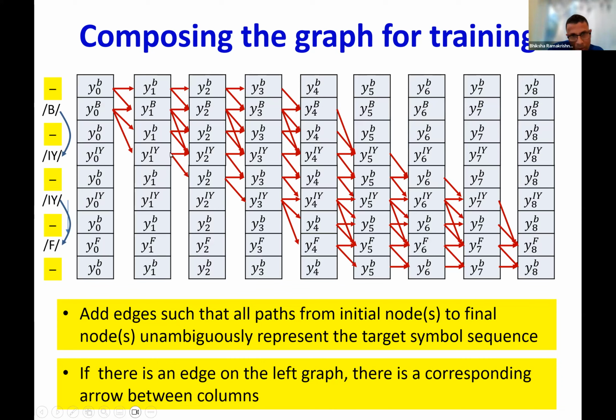And so in the E row, you see you have the horizontal edge to account for repetitions. Then you have an edge going to the blank, and edges only from the blank to the next E. So any path from the beginning to the end over here is always going to go from an E to a blank to an E.